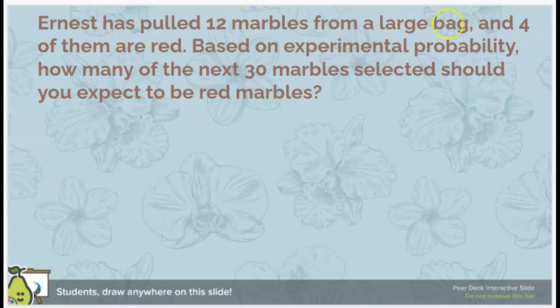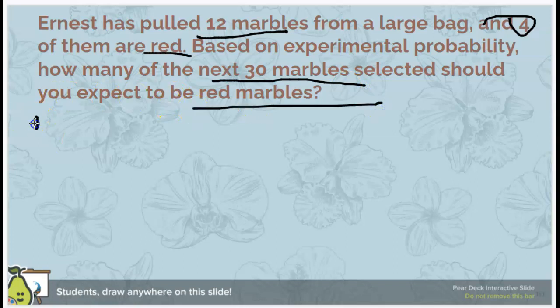Ernest has pulled 12 marbles from a large bag and 4 of them are red. So he pulled 12 marbles from a bag, 4 are actually red. Based on the experimental probability, how many of the next 30 marbles selected should you expect to be red? So it's pretty much red over the total. We know that there's 4 out of 12.